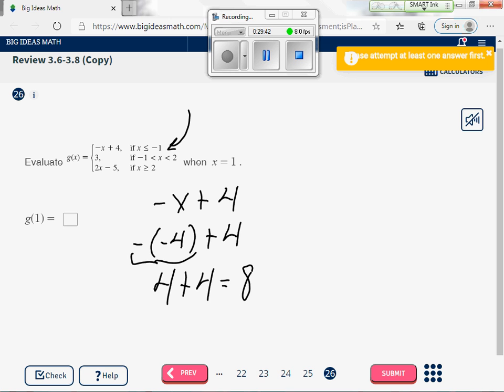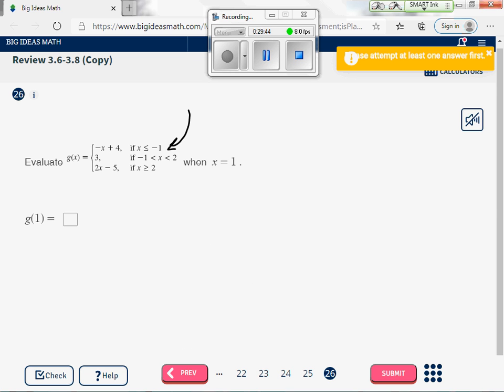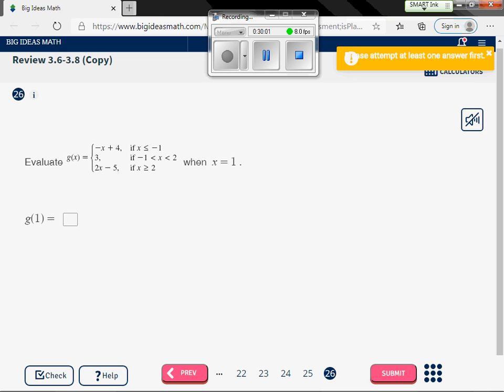Last one here, x is equal to 1. So which statement is this making true? The top one, the middle one, or the bottom one? Is 1 less than or equal to -1, between -1 and 2, or greater than 2? It's in the middle one. 1 is between these two values, yes?